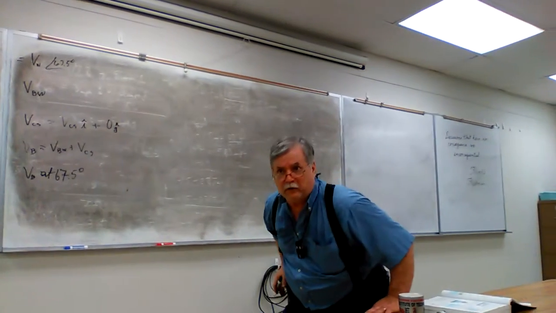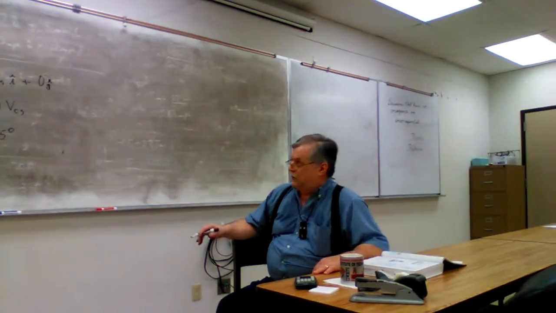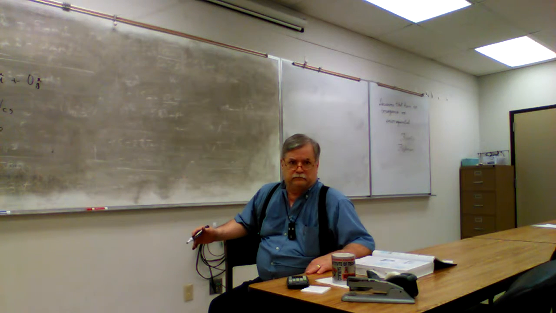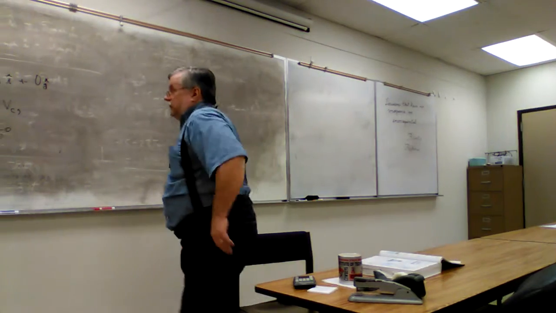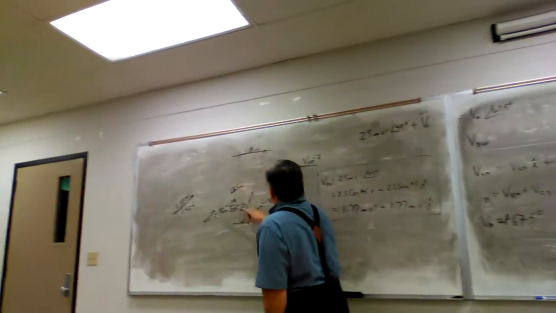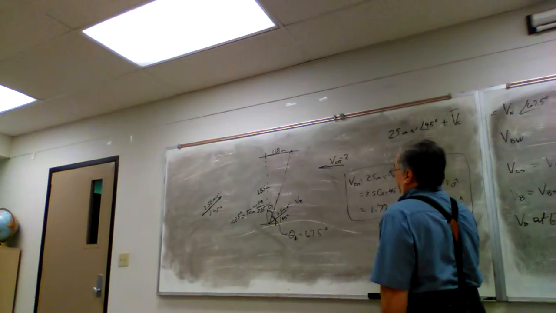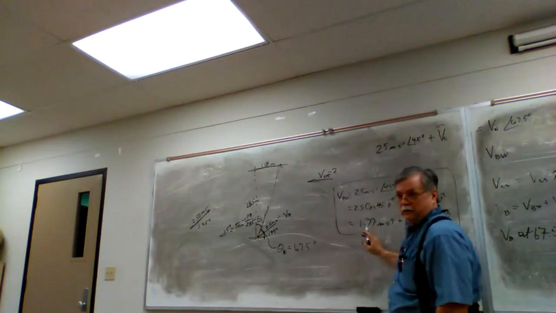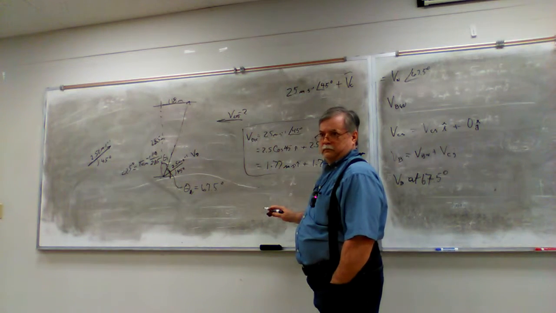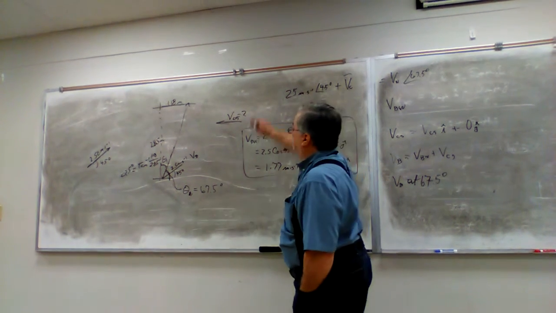There is no vertical component to the velocity of the current in the water. Does everybody see that? So that means that the vertical component of the boat's velocity relative to the shore is not going to change. Right?